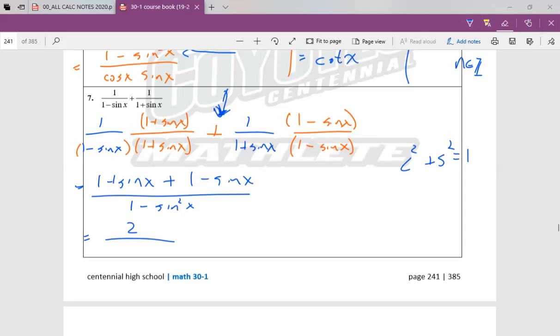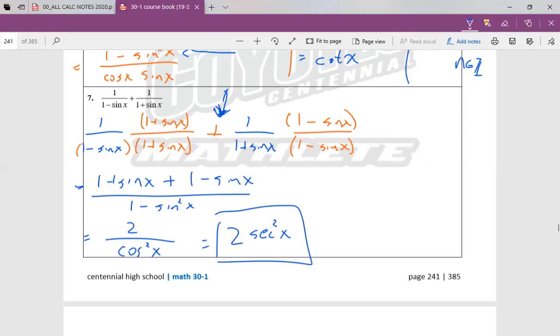I'm just writing it there to remind you that the Pythagorean identity does exist. We know enough about 1 minus sine squared, we can call that cos squared x. We don't need to show that step with Pythagorean identities. So 2 over cos squared x, and whether you simplify that and call it 2 secant squared x, I could live with either of those answers. Probably this last one is good.